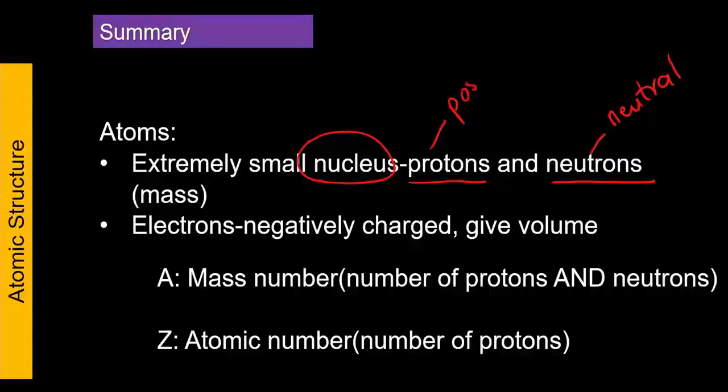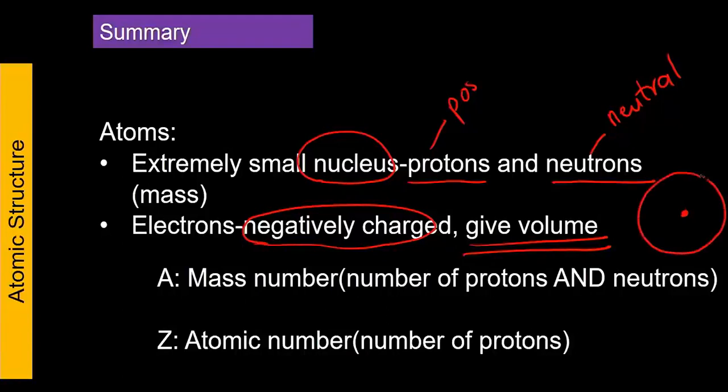Now, the electrons, that's the other subatomic particle, they were the first subatomic particles to be found, and they are negatively charged particles. And what they do to the atom is they give it its volume. So they are the particles that are whizzing around. They've got lots of energy.